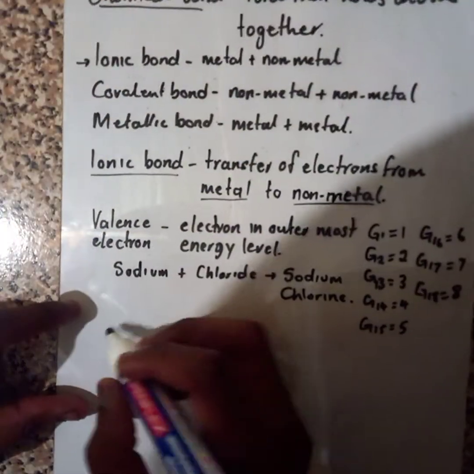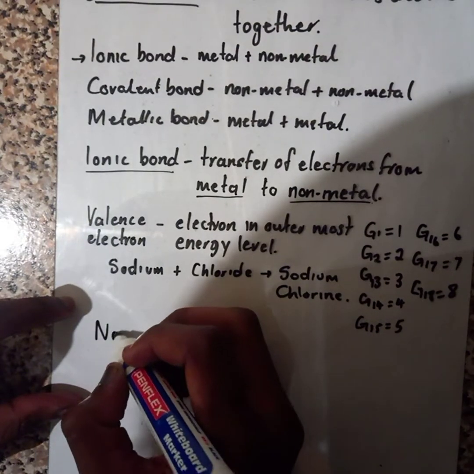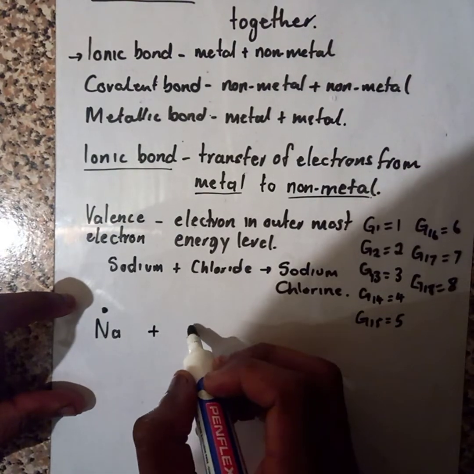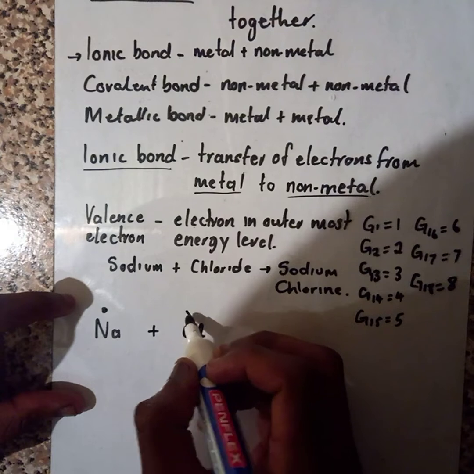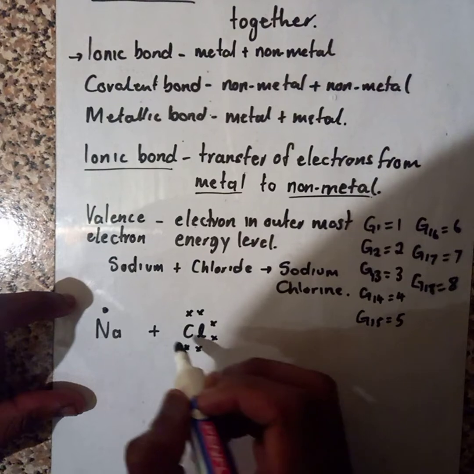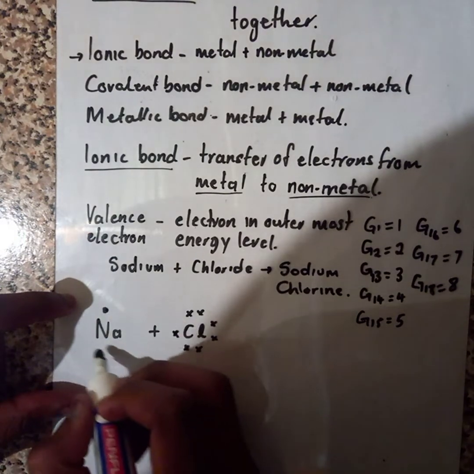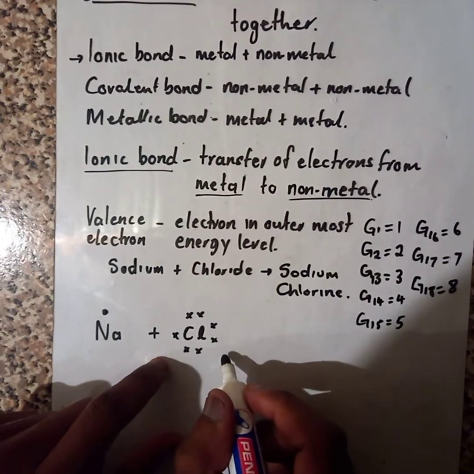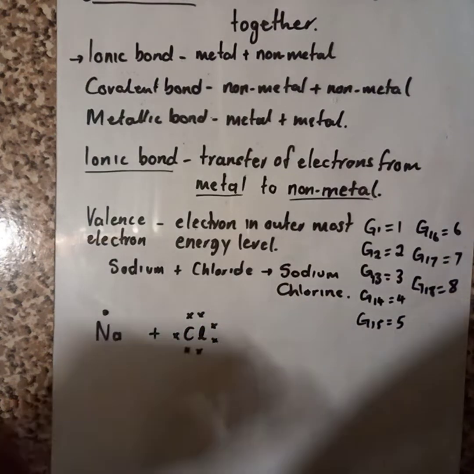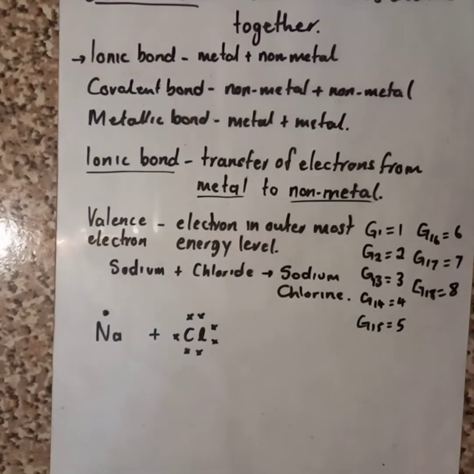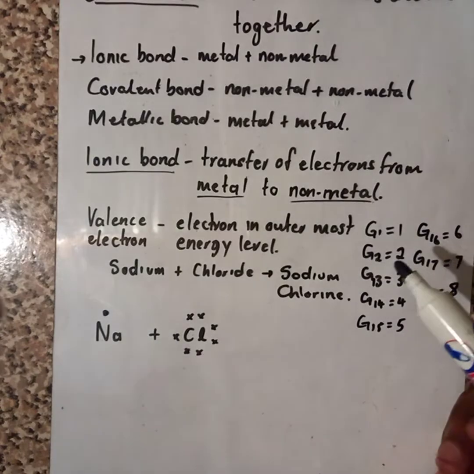Then okay, now I'm going to consider sodium, which is going to have 1, plus chlorine. Let me make X like this. By the way, this is a Lewis dot diagram. For sodium, we also have the Lewis dot of chlorine.